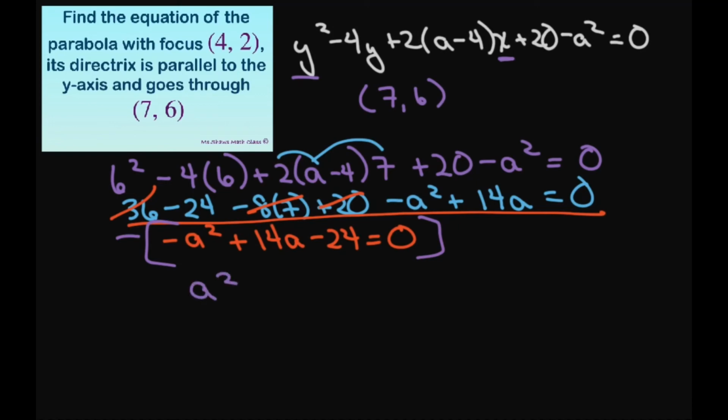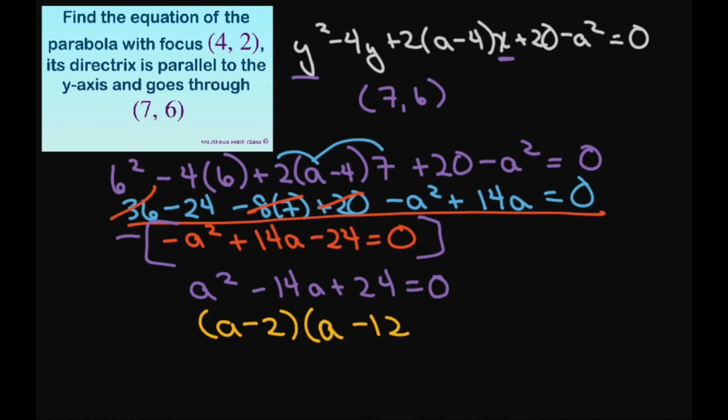That's going to give you a squared minus 14a plus 24 equals 0. All right, let's factor this. This gives you (a minus 2) times (a minus 12) equals 0. So we have a equals 2 or a equals 12.